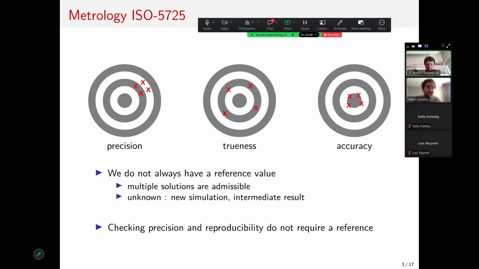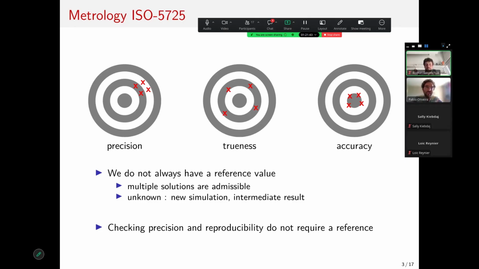We can define the precision, and that's how close our different samples, trials, are. Then you have trueness, where you are asking, are the samples around a reference? And then you can have both, precision plus trueness, which is accuracy.